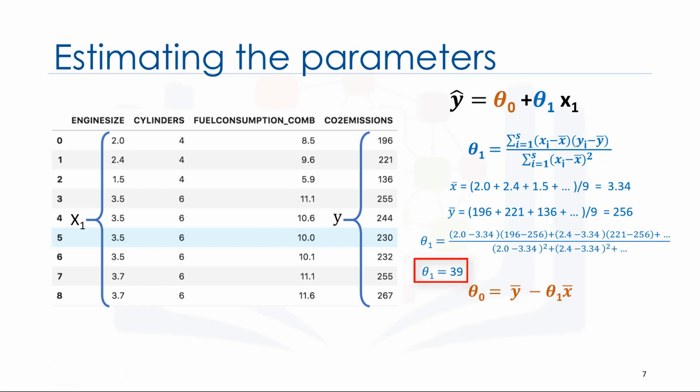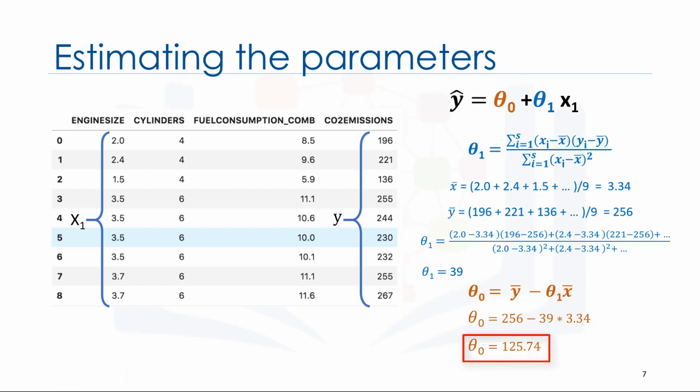It is used to calculate the first parameter, which is the intercept of the line. Now, we can plug theta 1 into the line equation to find theta 0. It is easily calculated that theta 0 equals 125.74. So, these are the two parameters for the line.